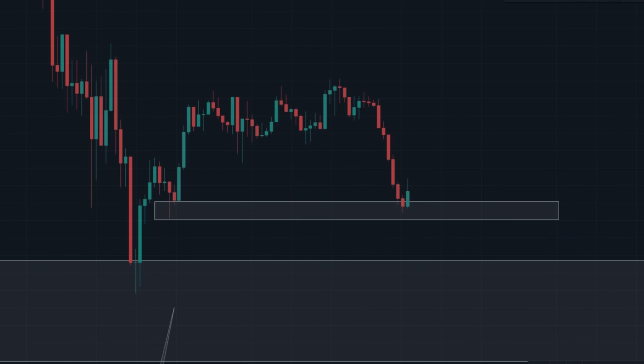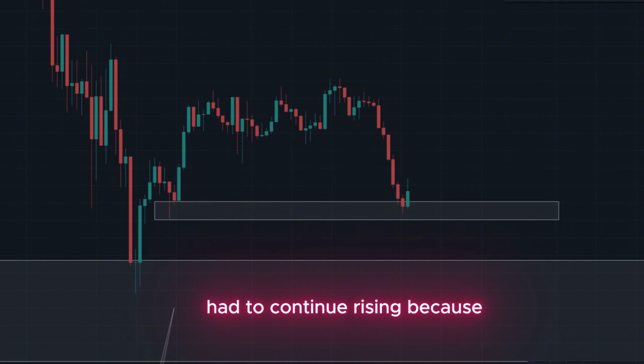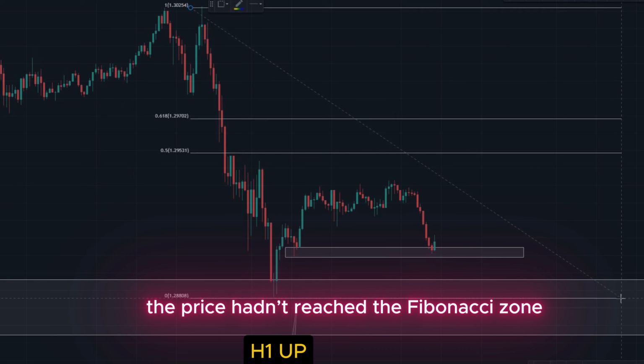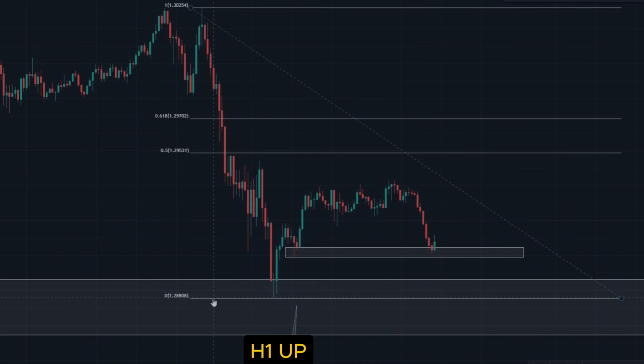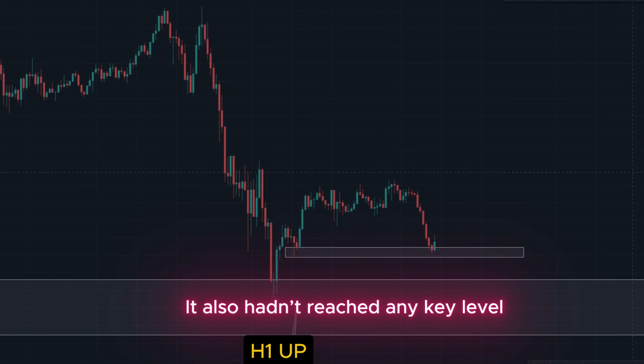But I still believed this uptrend, this pullback, had to continue rising because the price hadn't reached the Fibonacci zone from 0.5 to 0.618. It also hadn't reached any key level.